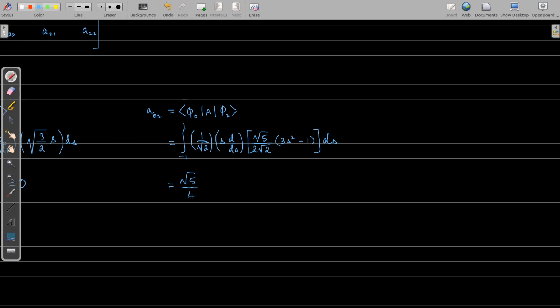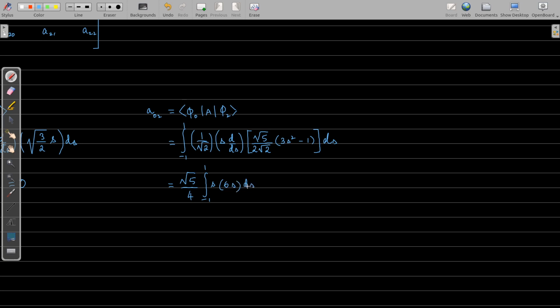So 2 times 2 just gives us 4. So root over 5 by 4. Then we have -1 till +1. Then we have an s here. And then differentiation, d by ds of 3s square is 6s.